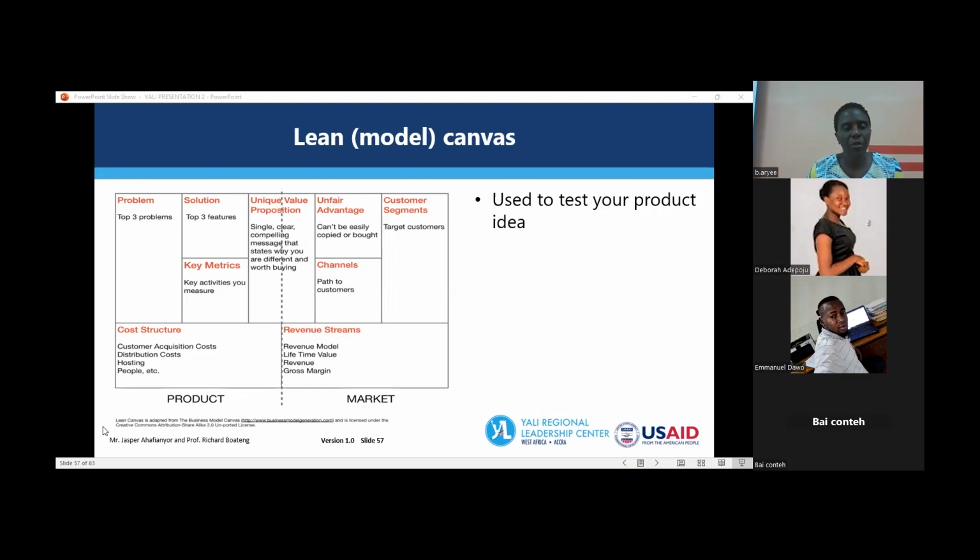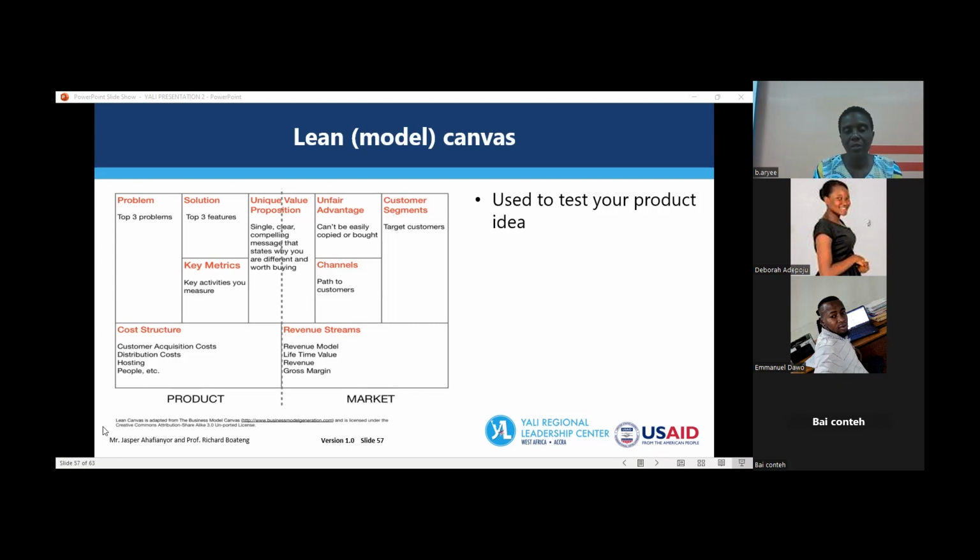So you look for the 3 solutions to your 3 problems, right? And then you come to the key metrics, which would be your key activities that you measure. These ones are not very different from the ones we had last week in terms of key activities, as somebody had clearly said. Cost structure is not very different, but remember that the cost structure for a new idea would be projected, because it's an idea.